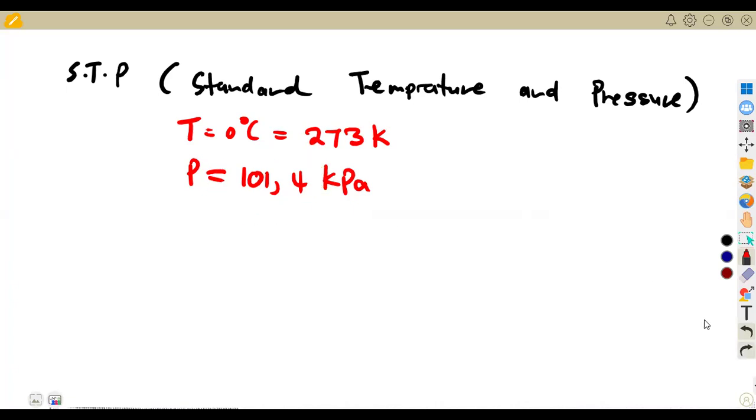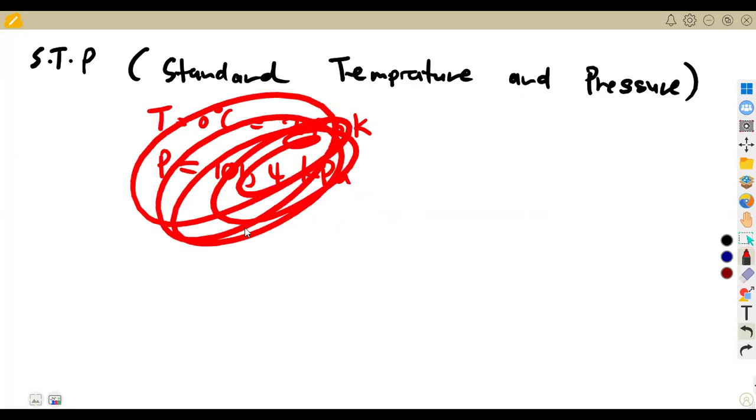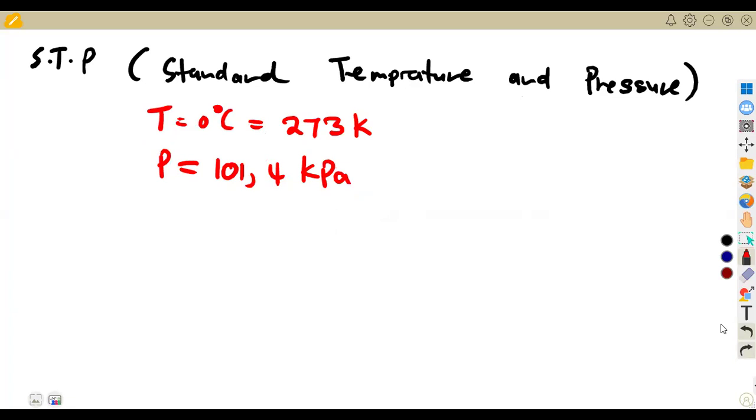Listen to me. They can say it is at standard temperature and pressure, but give you something totally different from this. You use that information as it is.